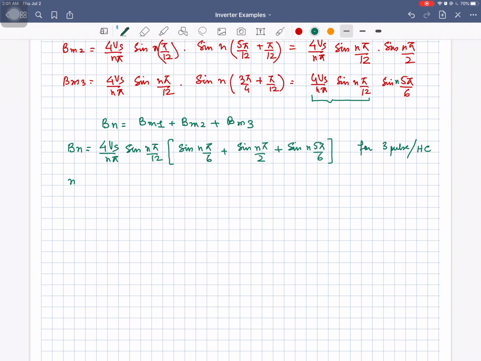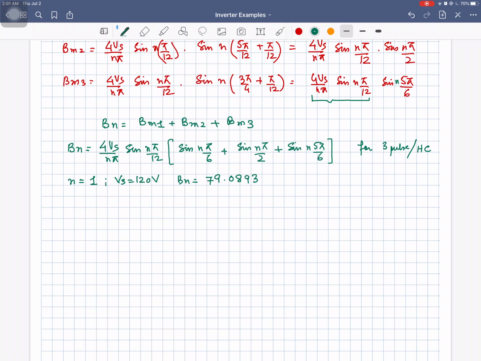So if we take n is equal to 1 over here and we solve it by taking Vs is equal to 120 volt, if our DC supply is 120 volt, so our Bn will be equal to 79.0893.